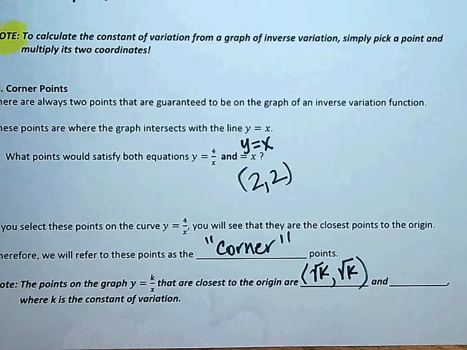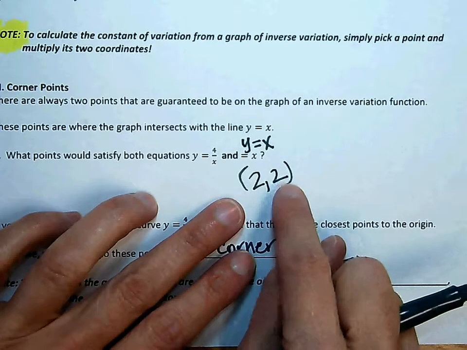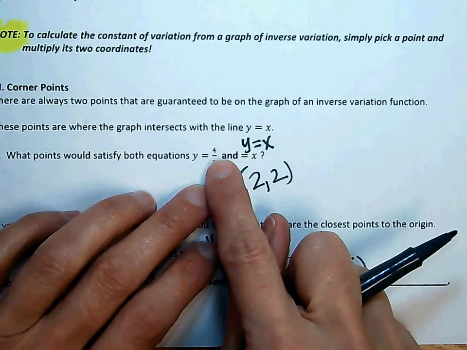We also have the blue one in quadrant 3, that point right there. Is it going to be the square root of k still? In this case, the corner point is going to be 2, 2. What if k was 4?